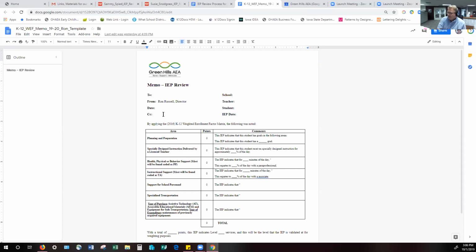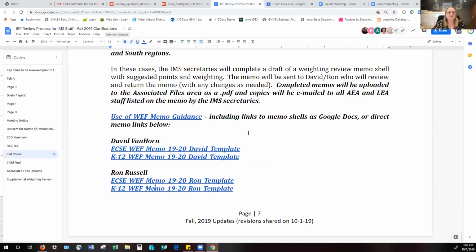Because again, not thinking we need the matrix uploaded for these routine weighting reviews, but for ones where we're making a change or potentially dropping them, if it comes to David or I, we're saying, let's create this memo, issue it out to the districts saying, here's what we think, here's what we decided, and then we would archive that in Web IEP as a PDF.